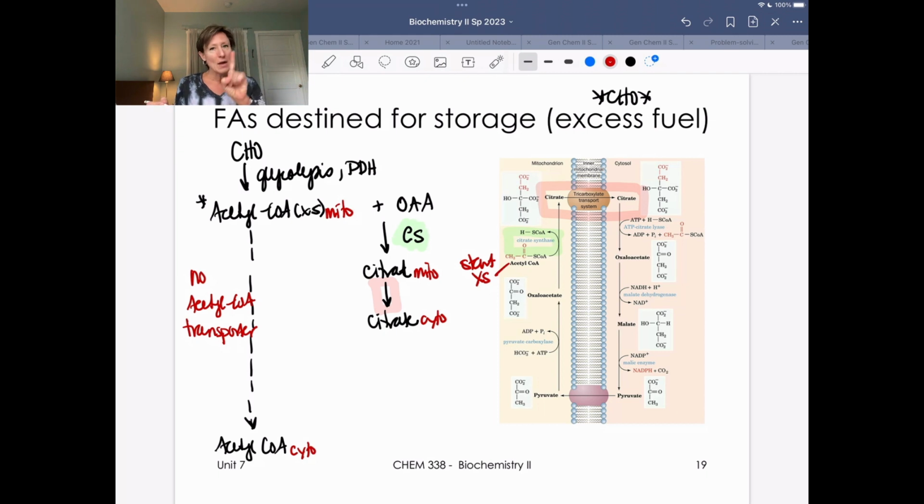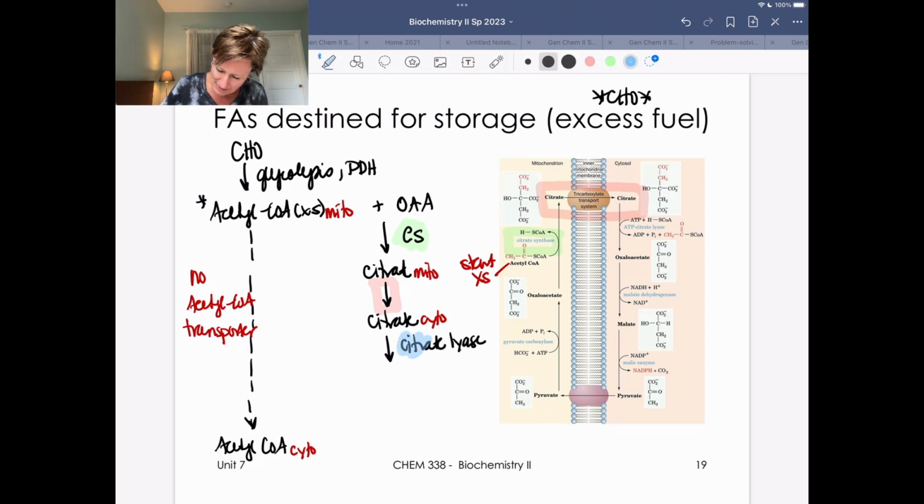Now, maybe you remember that we have mitochondrial and cytosolic isoforms of malate dehydrogenase, but there are only mitochondrial versions of citrate synthase. So we don't have a cytosolic version of citrate synthase to reverse this chemistry, but what we do have is an enzyme called citrate lyase.